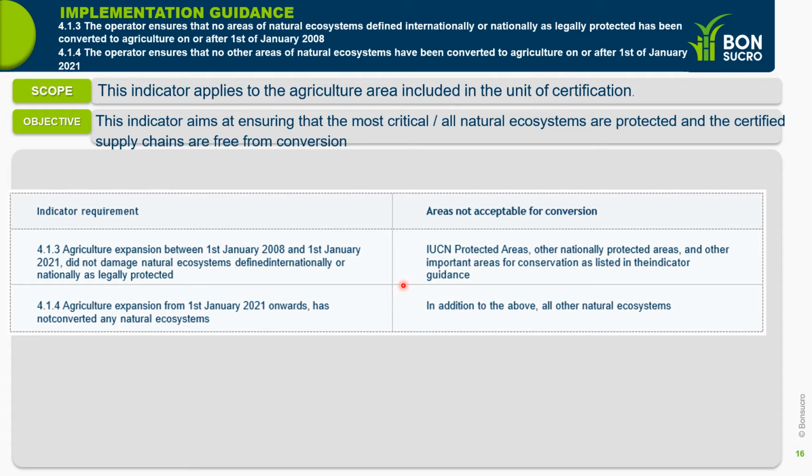So we have now the information from the past on what cannot be in the Bonsucro supply chains: change of any natural ecosystem to Bonsucro production after 1st January 2021, and of course the international ones that we cannot be including in the supply chains from 1st January 2008.